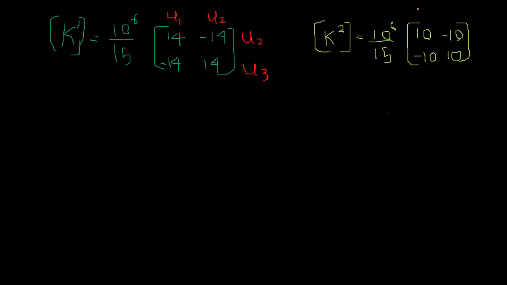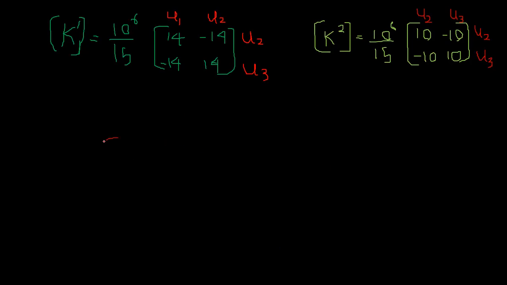This element is connected with its first node U2 and second node U3, just like the matrix notation, right?